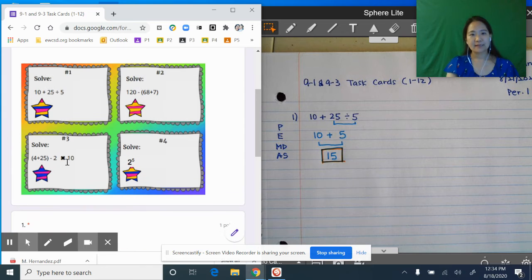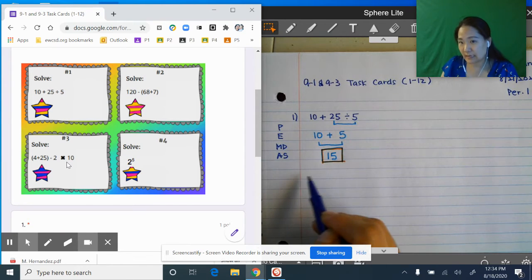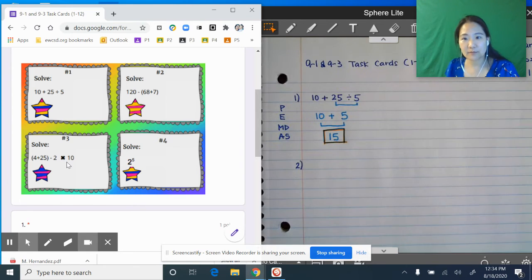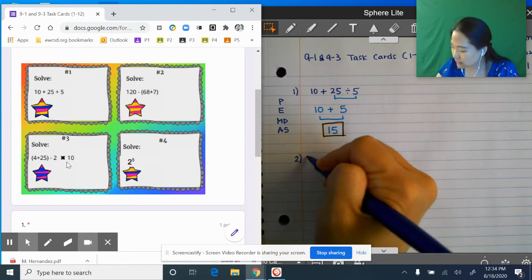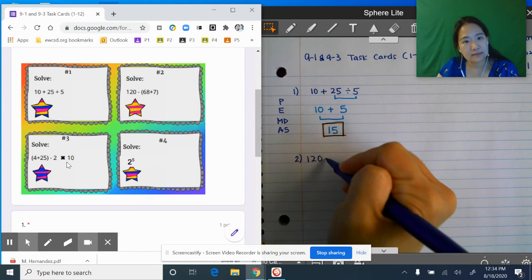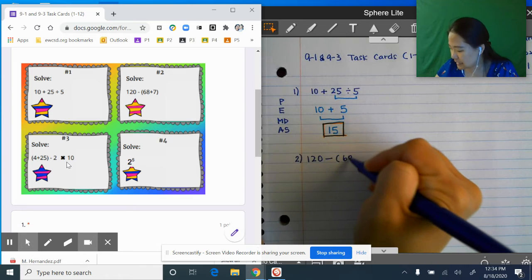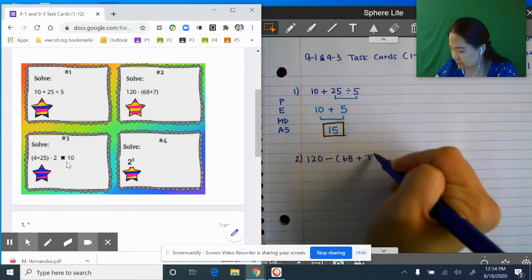Okay. All right. Here's number 2. So I'm going to skip a line and write number 2 and copy down the problem again. 120 minus parentheses 68 plus 7.